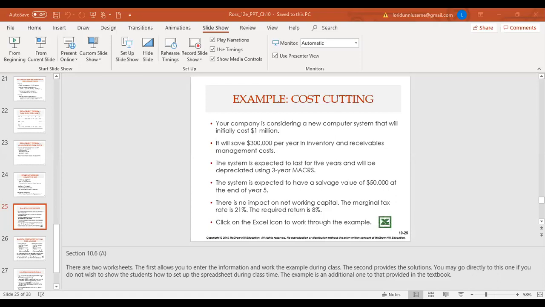Their sales are 1,500. And remember, these are incremental from taking on the project. It's not total for the company. The cost related to these incremental sales will be 700. The depreciation from whatever they are using for this project, so this is incremental, 600.